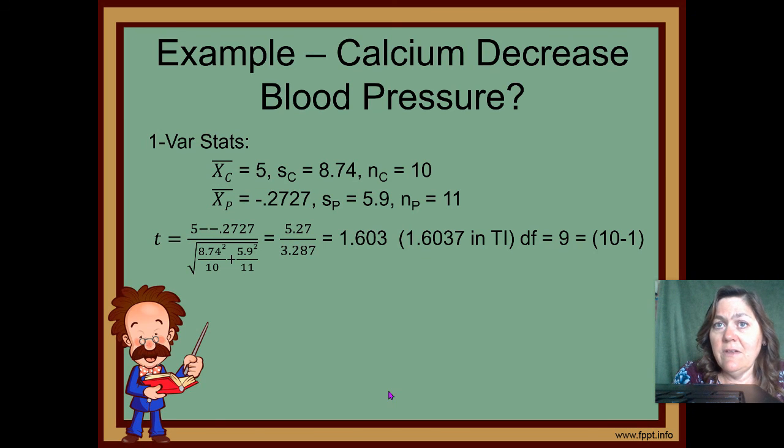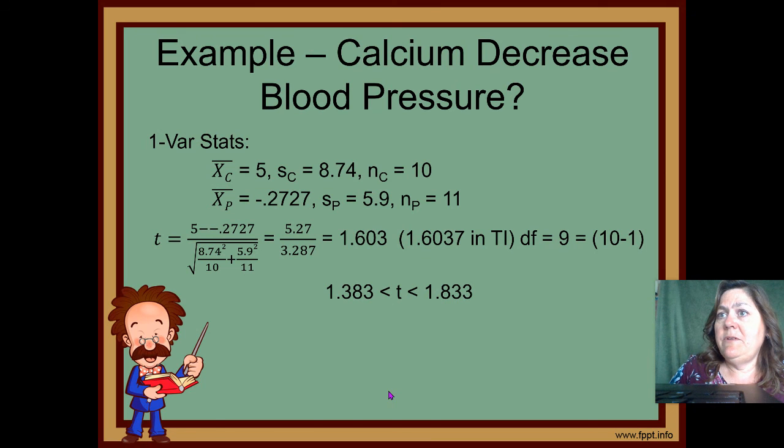So very, very close to what this is. Our df is going to be 9, the smallest n minus 1. Okay. So I'm going to stop at the Edpuzzle here and ask you to give me a conclusion. You either did it on your calculator or with this 1-Var Stats. And what would be your conclusion for this test?